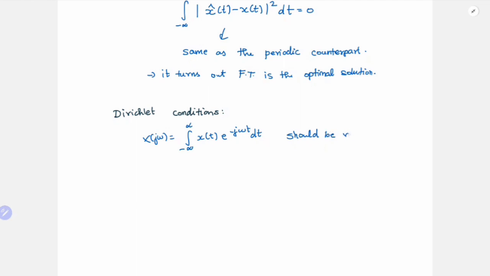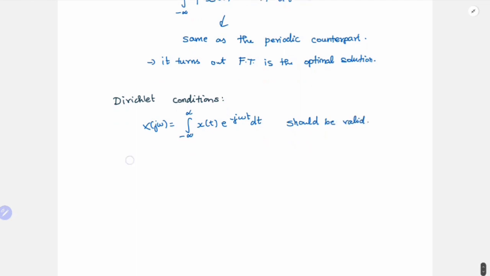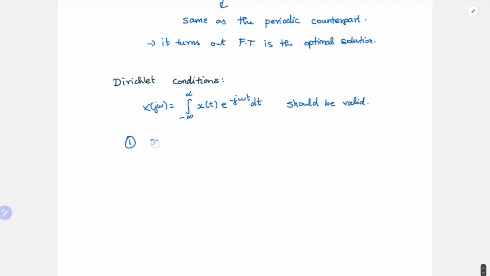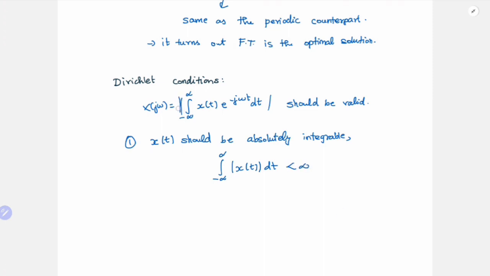So for that we have these conditions. First, x(t) should be absolutely integrable. Why? Because this should be finite, which means the integral should be finite. And if you take the integral inside, you will find this goes to 1 and you just get the integral from minus infinity to infinity of the absolute value of x(t) dt, which should be finite, less than infinity. Right?